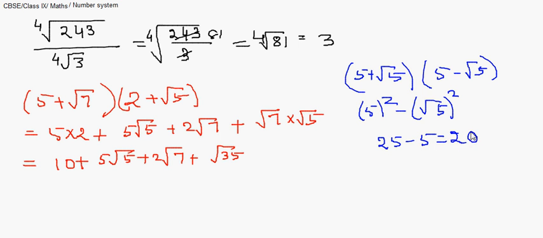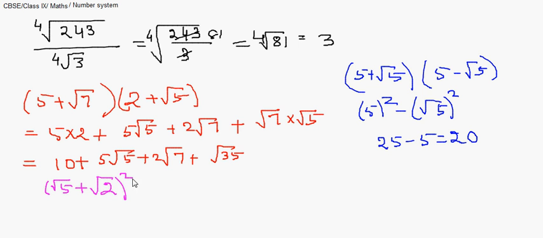Let us take up one of those, a plus b whole square and a minus b whole square. I'll take up both. One is a plus b whole square and the other one is a minus b whole square.